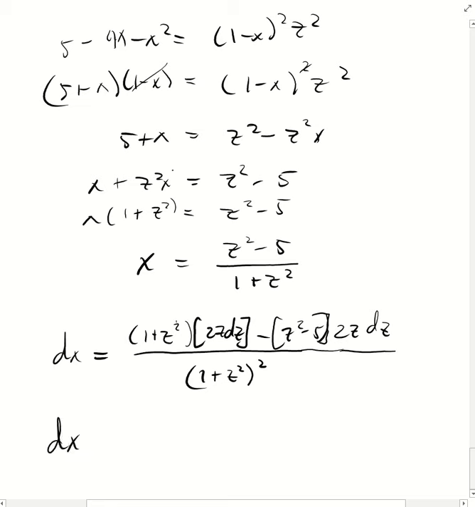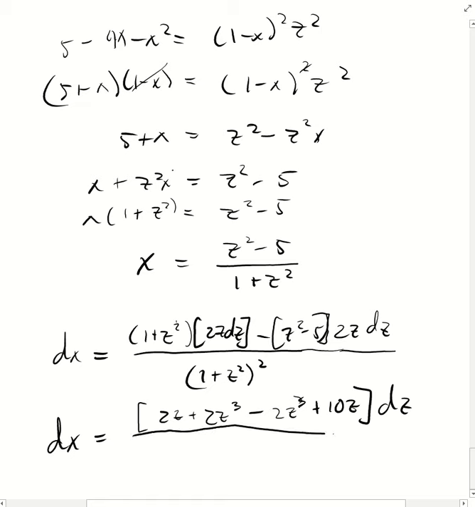Then simplify, factor out dz. dx will be equal to 2z plus 2z cubed minus z squared times 2z, and minus 5 times 2z, which is 10z, multiplied by dz all over 1 plus z squared.